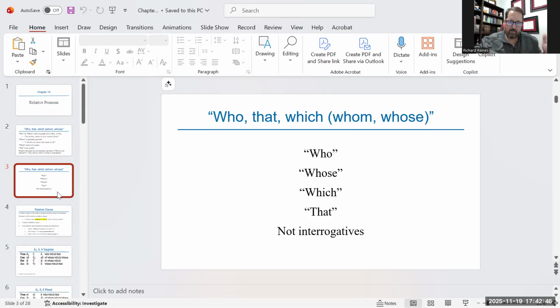And relative pronouns have a function in a sentence, and that is they modify an antecedent or modify a noun. And so that's what we're talking about. We're not talking about the word who, whose, which, or that as much as we're talking about relative pronouns, what they do in the sentence, how they are formed in Greek, and typically it's going to be some variation of who, whose, which, or that.